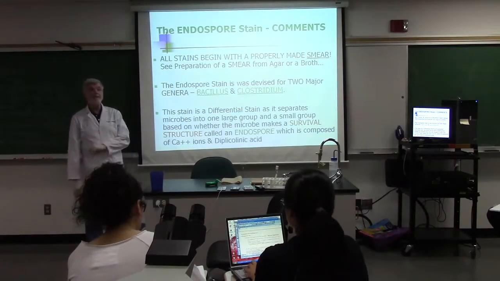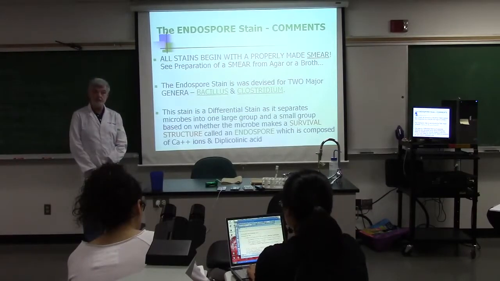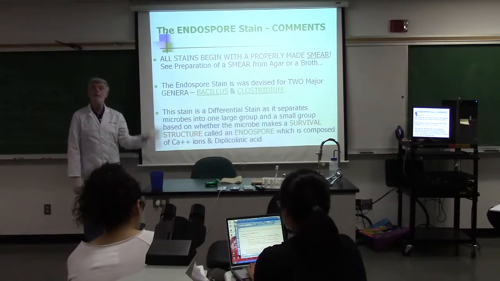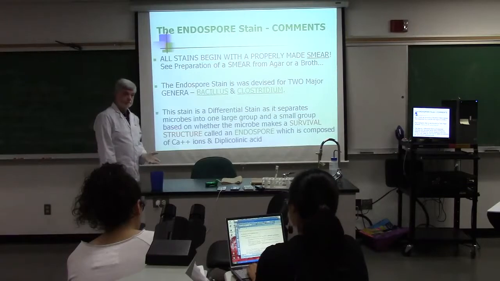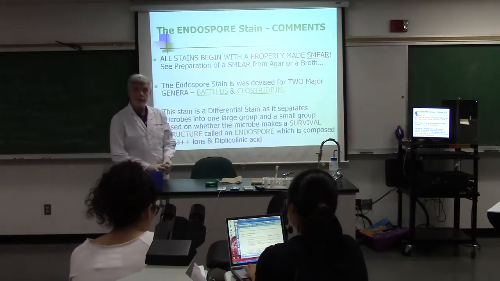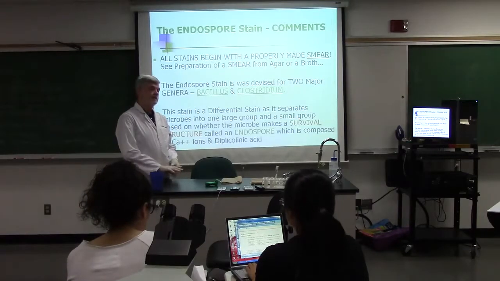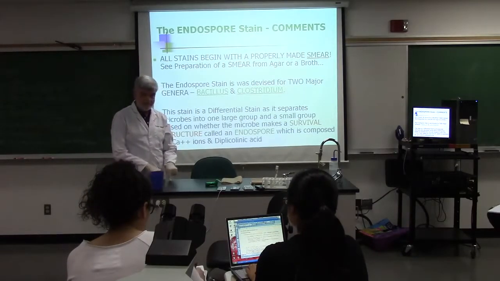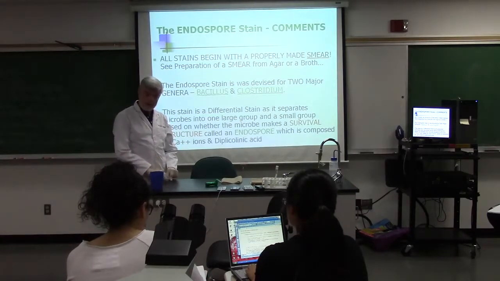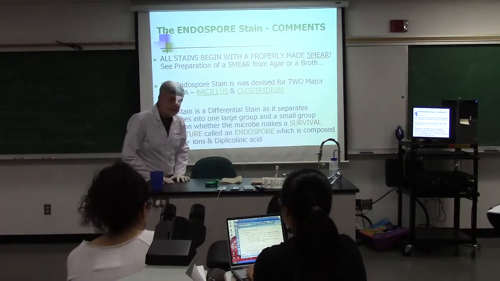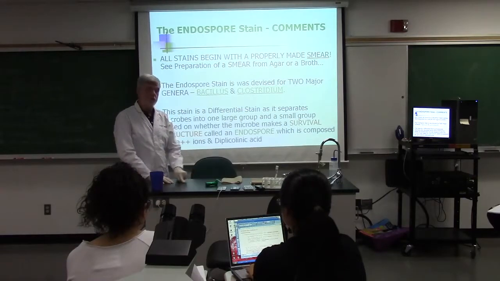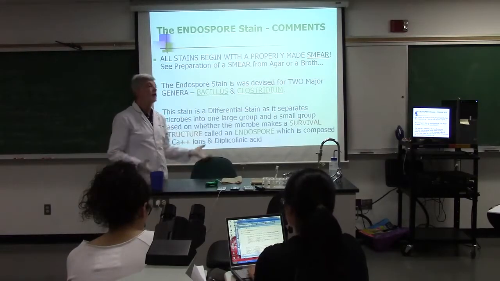The cell that makes the spore is called the vegetative cell, and it has all the parts of a cell. Membranes and so forth, and ribosomes and cytoplasm and all of that. So the part of the cell that stains is called the vegetative cell. And it's the part that when times get rough, will put a spore coat around the DNA and fall apart.